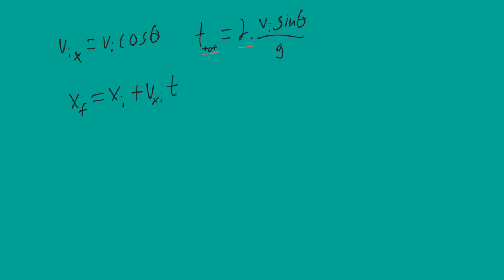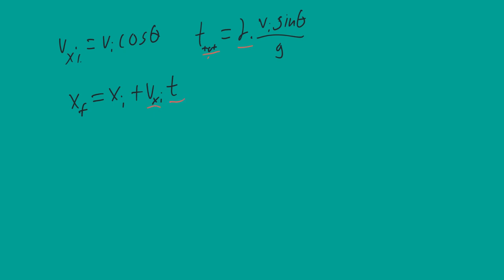Also notice at the top that I have represented v_i of x, or sorry, that should be x sub i. I'll fix that. It is equal to v_i cosine of theta. Remember, the horizontal component is on the adjacent side, so we're going to use cosine instead.